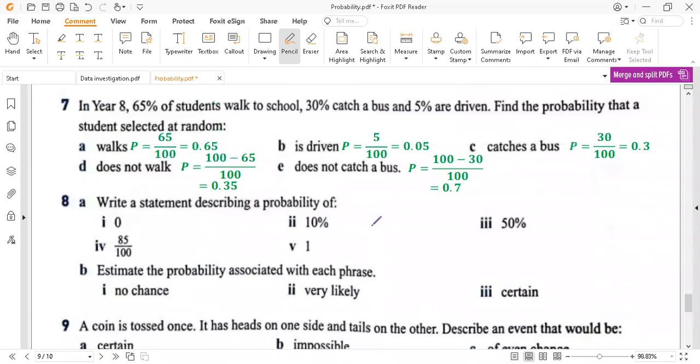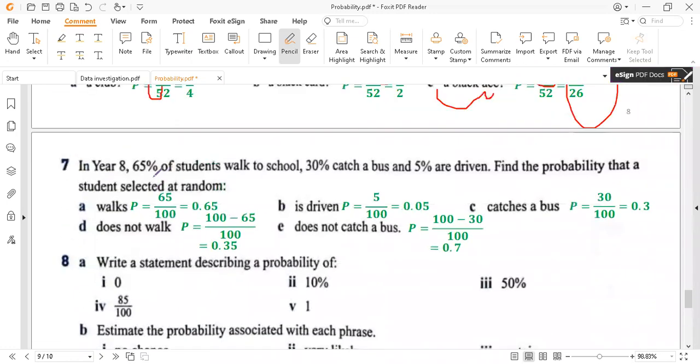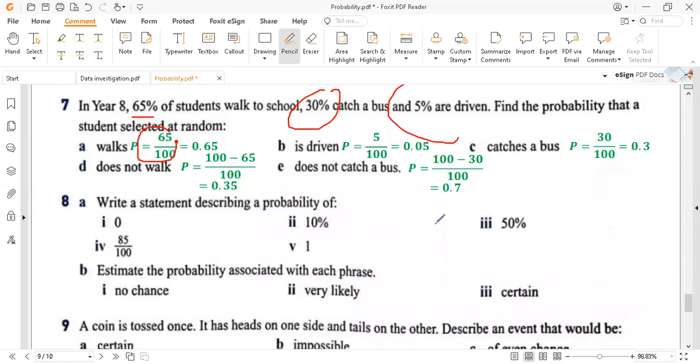It is also very easy to convert from percent probability to decimal probability, because when we say 65%, we mean 65/100, 30% we mean 30/100, and 5% we mean 5/100, and so on.